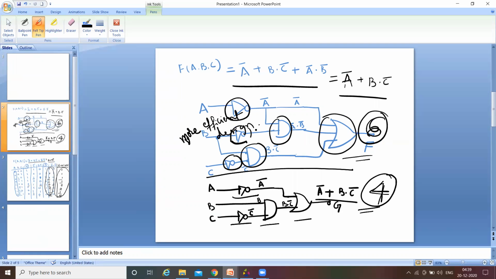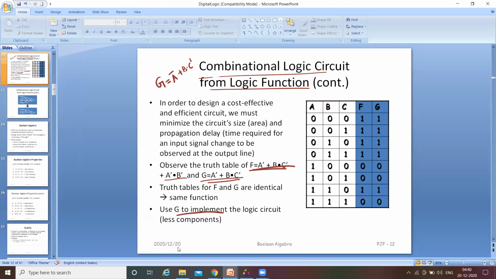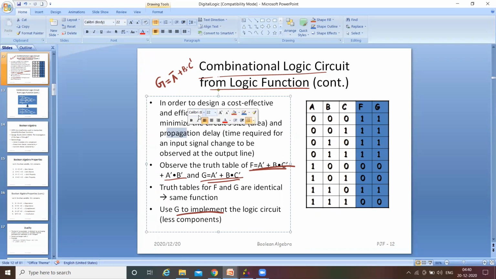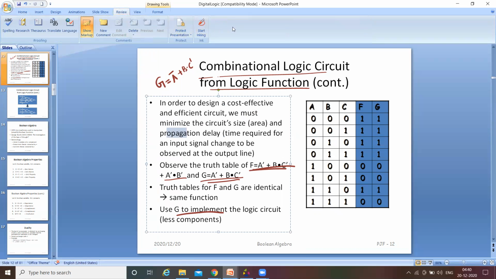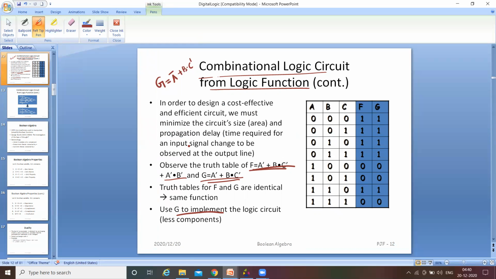Now if we come back to the previous slide, it told us we must minimize. In order to design a cost-effective and efficient circuit, we must minimize the circuit size, the area.